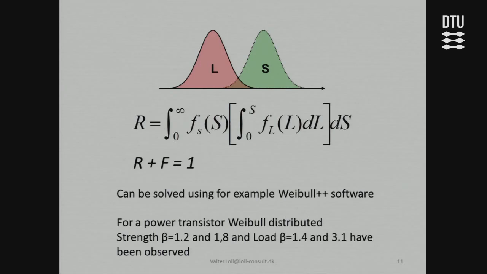And if you have a safety margin of 2.3, it's 10 to the minus 2% failures. If you have a safety margin of 4.7, you're down to 10 to the minus 6 failures. And this is for one load, or you can say it's for a one-shot device. And so far, we are not looking into wear out and fatigue and things like that, but we'll come to that in a moment.